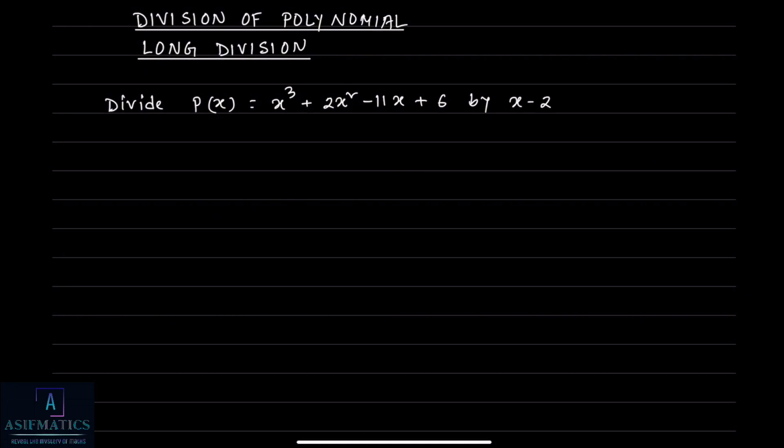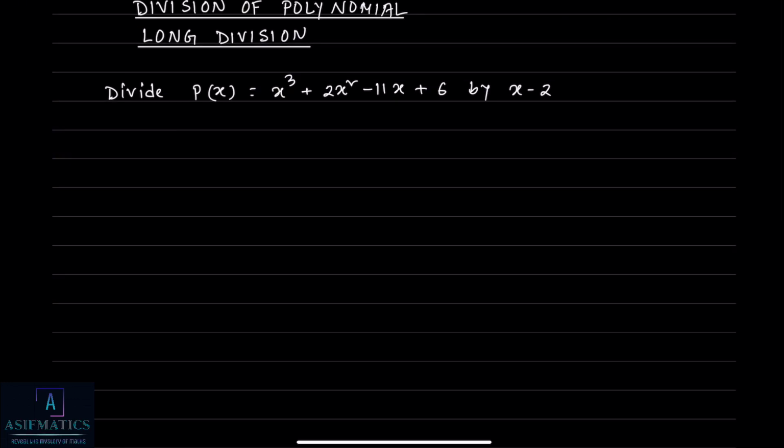As you know, in any kind of division, from your school life, there are four things. We call them the dividend, which is the number that has to be divided, and the divisor, which is the number used to divide the dividend.